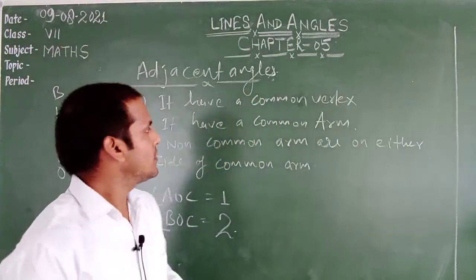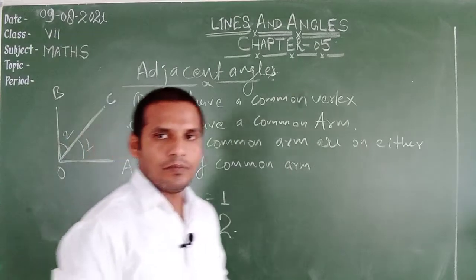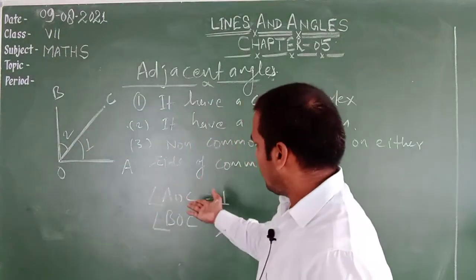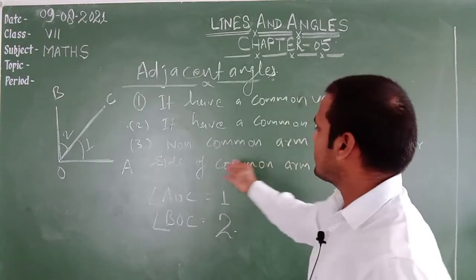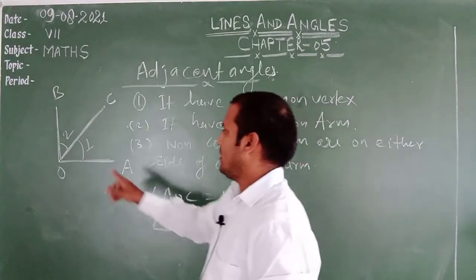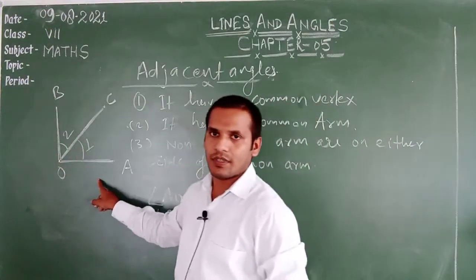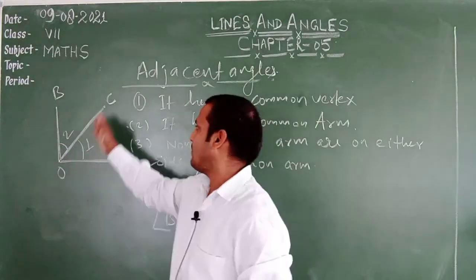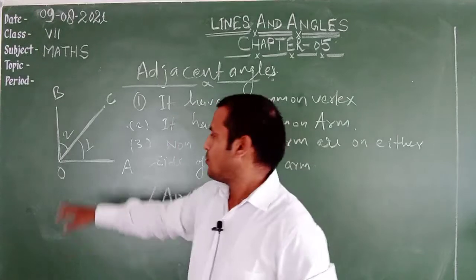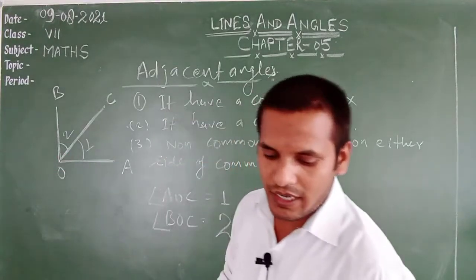It is the second angle. The third point is that the non-common arms lie on either side of the common arm. This one is the non-common side arm. It may be on either the left side or the right side of the common arm. So these are the key points for representing the adjacent angle.